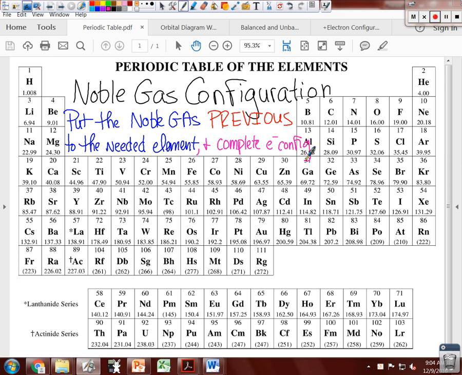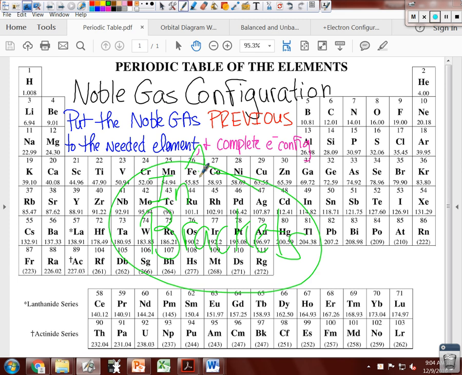Oh, I forgot to put what it in. Put the noble gas previous to the needed element, and this is the part that I forgot right here: in brackets. Can't believe I forgot that part. That's the most important part.